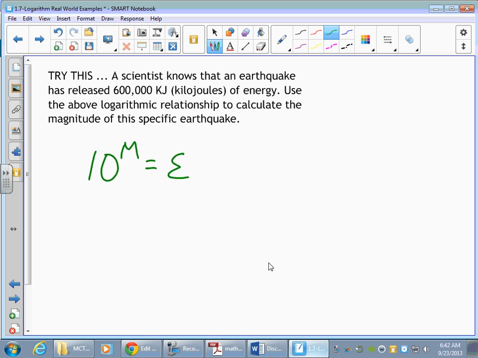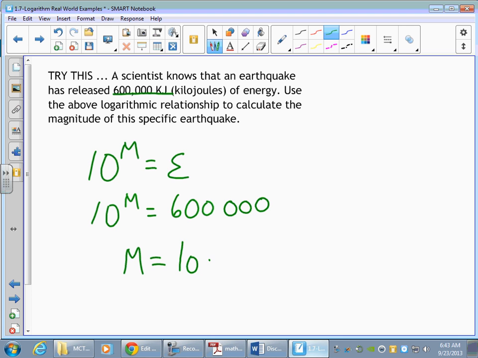And I assume since you're back that you're not just peeking at the answers. When I look at this, what I see is I'm given the energy level, 600,000. Doesn't seem to jive, but give me a sec. When I'm looking to solve this, my base is the 10.